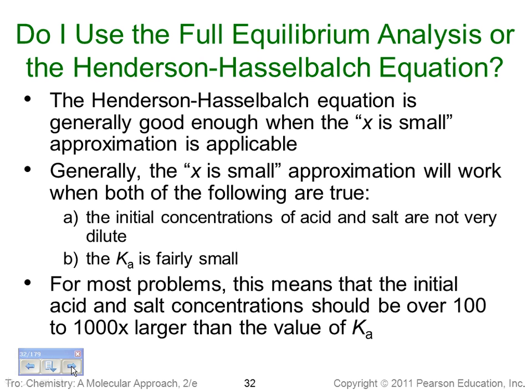Just remember down here at the bottom, that's my rule of thumb as well: if Ka is at least 10 to the third smaller than the initial concentration, we're good. And technically, I want to compare it to the acid's initial concentration. After all, it's the Ka, the acid equilibrium constant, that I'm working with.